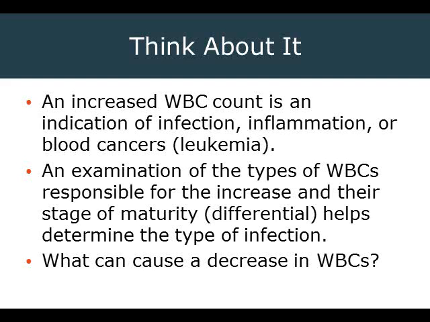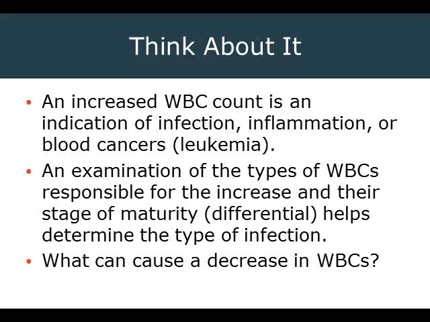All right, so an increase in the white blood cell count is an indication of an infection, inflammation, or a blood cancer such as leukemia. An examination of the types of white cells responsible for the increase, in their stages of maturity, or the differential, helps determine the type of infection. So like we mentioned before, you may have certain types that go up with fungal, certain types go up with viral, certain types go up with bacterial, some of them with parasites.